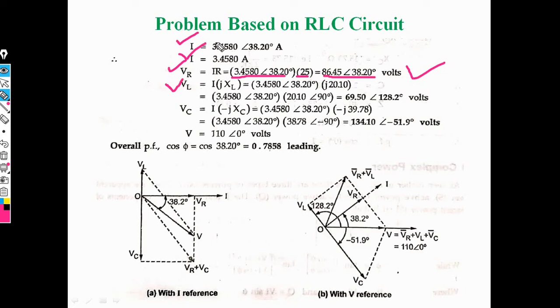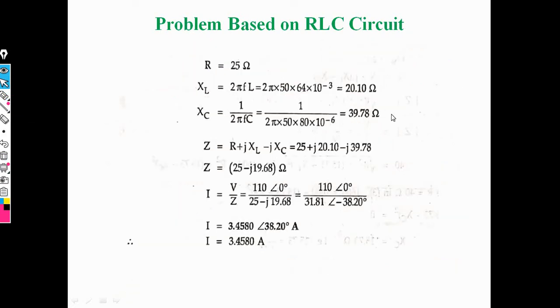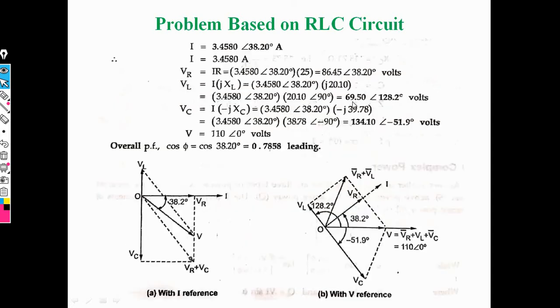Put the value of I here, and the value of XL that we already calculated, 20.10, is put here.